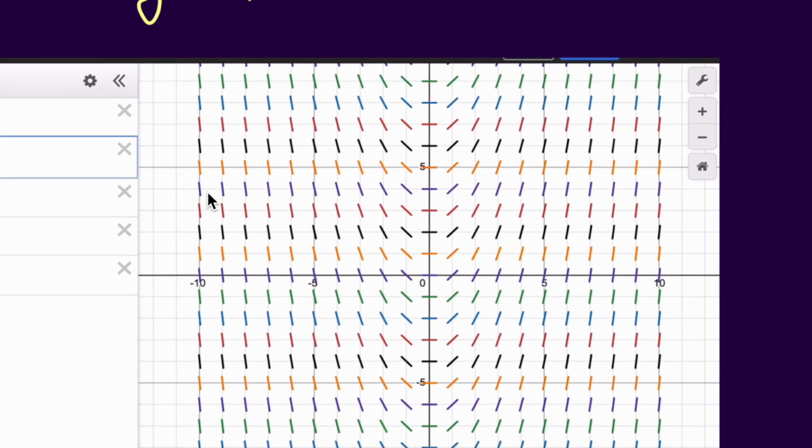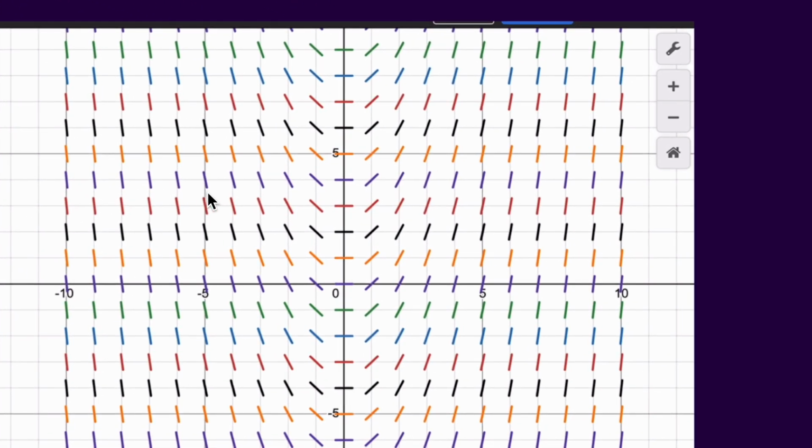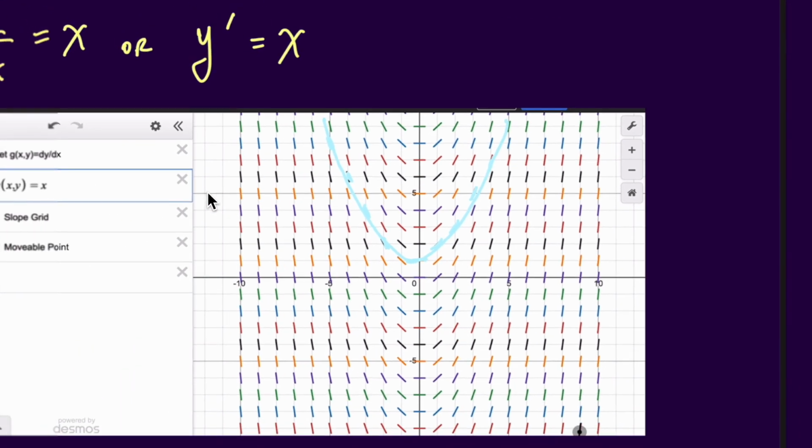So if we take a look here, we could see that this is going to be a local minimum here in light blue. And if we follow that in both directions, it looks like we have something like this. We're just following the slope as best we can. It might be hard to see because of all the colors, but basically I think this looks like a general form of what our solution to the differential equation might be.